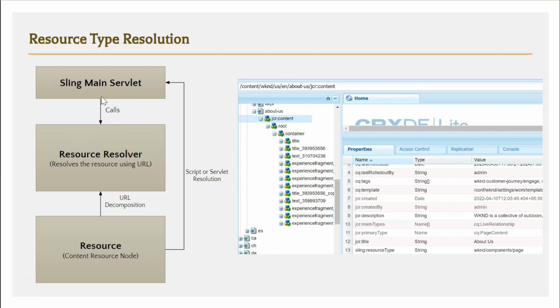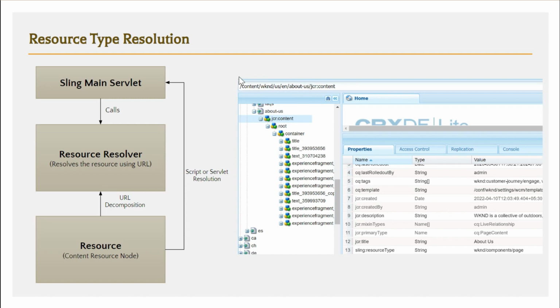Then from the Sling main servlet, we call the resolve function which is present in this resource resolver. The resource resolver is a class which has a method called resolve. In that, the AEM team has written code as to how this particular URL has to be resolved into the node or the script, basically how the URL is mapped to the resource.